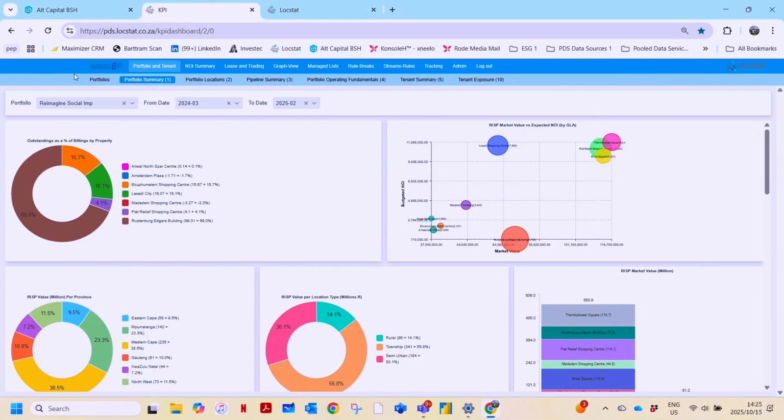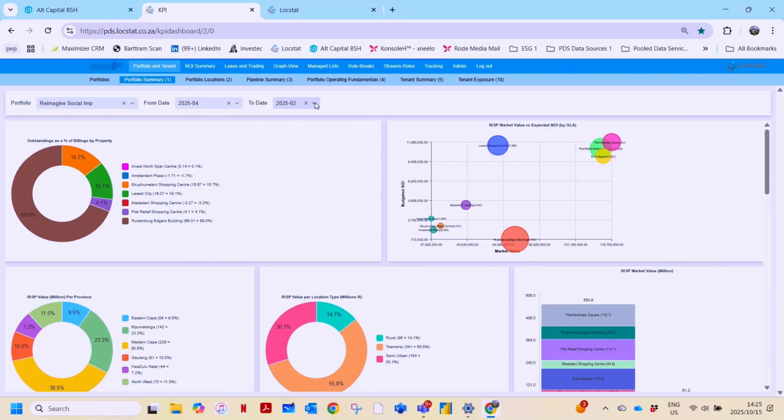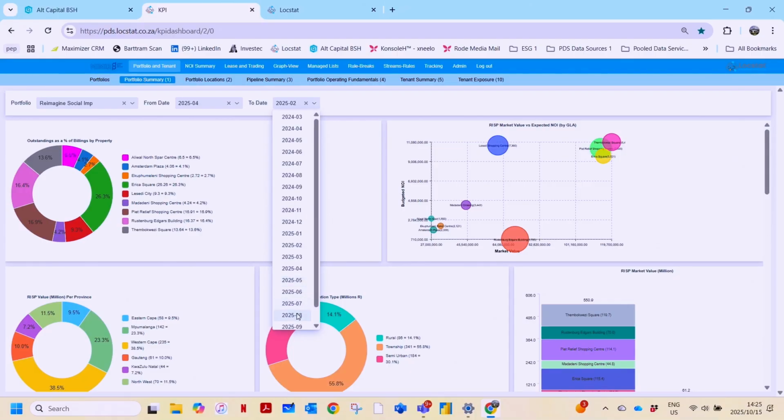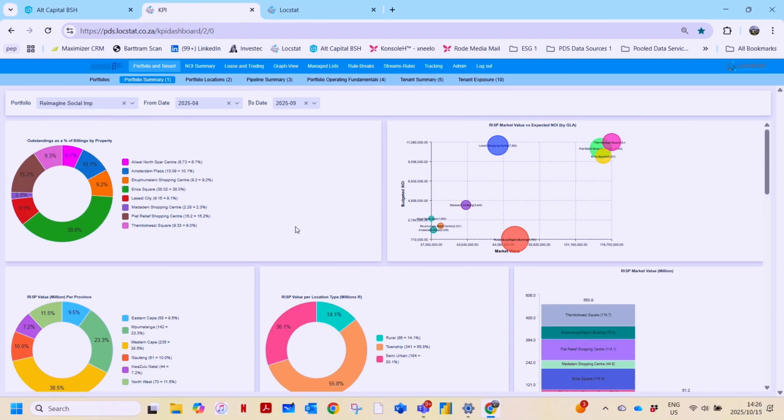And if I change the date, so let's say, for example, we want to go to the year to date, we then have the portfolio data, and we can look at outstandings as a percentage of billing and so on. Now, I want to reiterate, because I think that's why we've taken so long to get this, we are pulling this data directly from MRI, so it's live. Vicky, when we talk, that's the fun part.